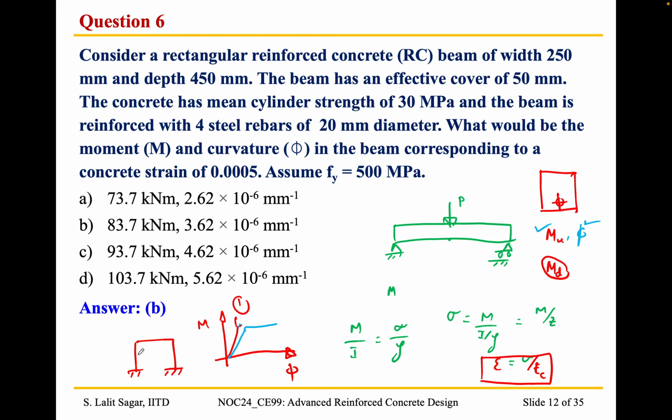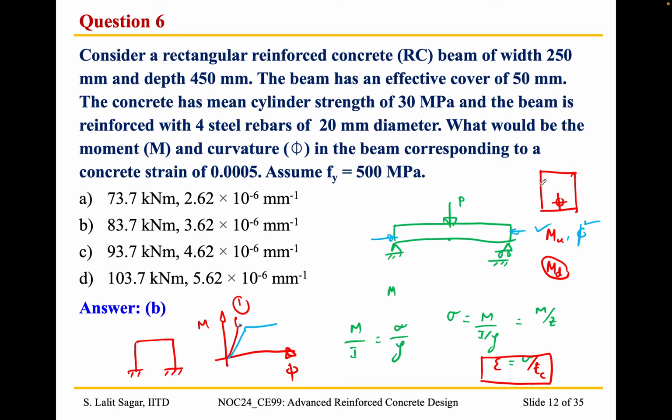Whatever structural member we are considering, whether it is a beam or a column, in the next week we are going to consider the behavior of beams along with the axial forces also. We are merely changing the support condition, but the moment curvature relation is extremely important.